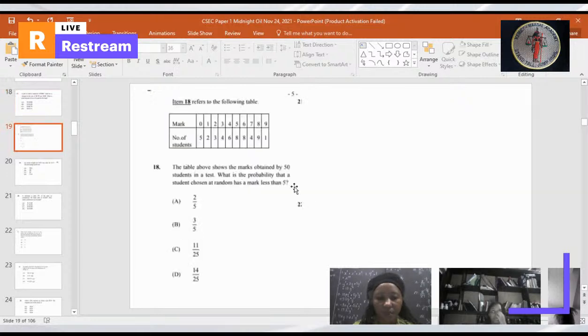All right, Jason. So we're given a table with marks and the number of students who received those marks. The table above shows the marks obtained by 50 students in a test. What is the probability that a student chosen at random has a mark less than 5?